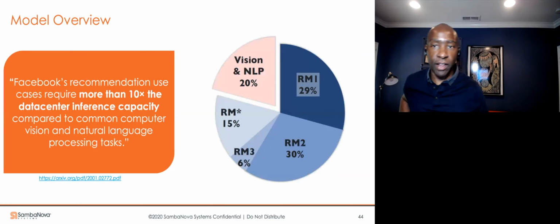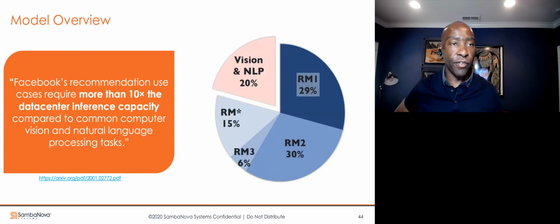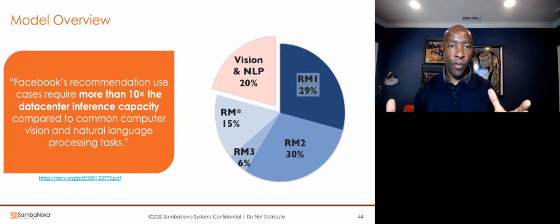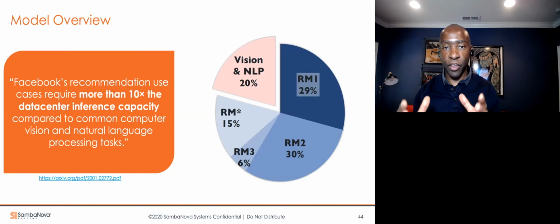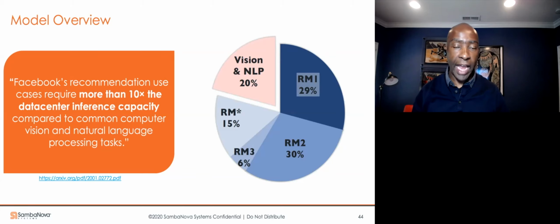Another area, last area, is this idea of large recommender models, right? And so recommender models are kind of the core of a lot of internet services at Facebook. Roughly 80% of the compute inference capability is recommenders, right?